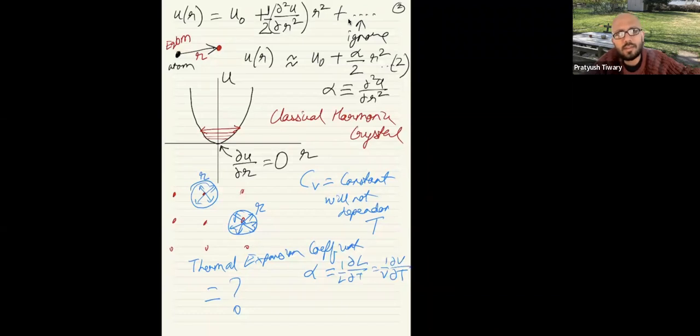Something like that. There can be a difference of 1 by 3 or something like that. So does anyone see, just by the picture that I drew without doing any math, what will be the value of thermal expansion coefficient for this crystal? You can unmute and answer.